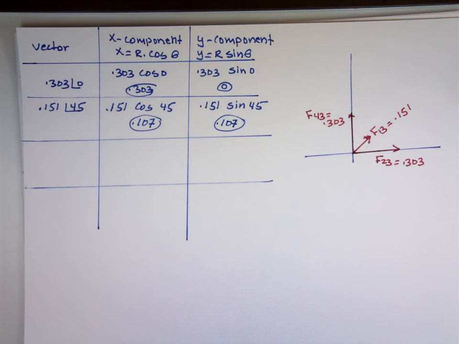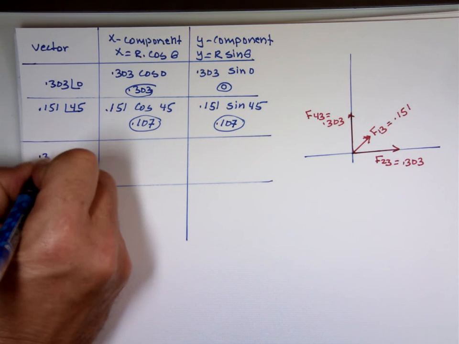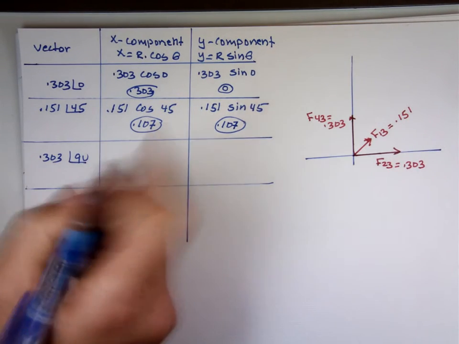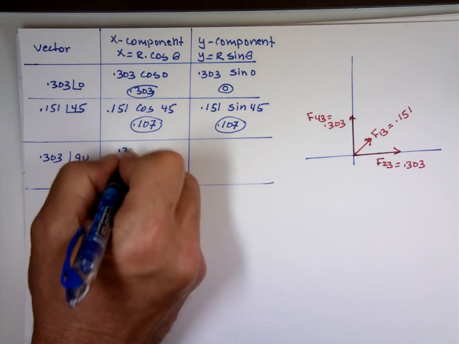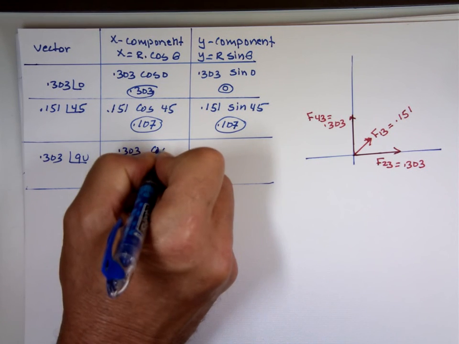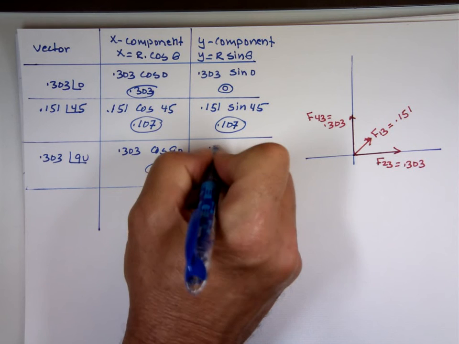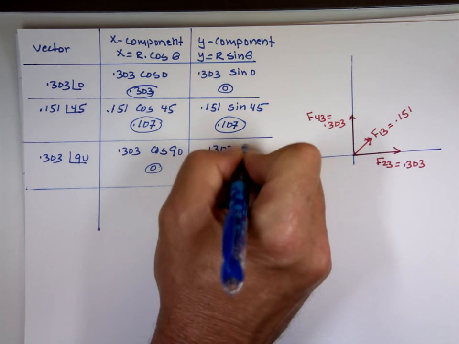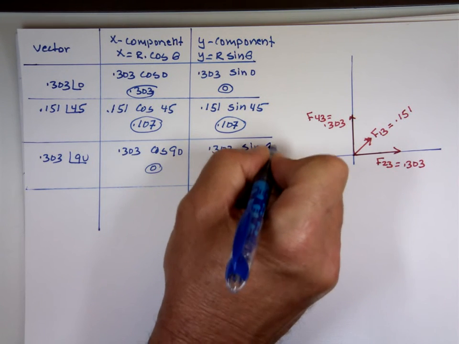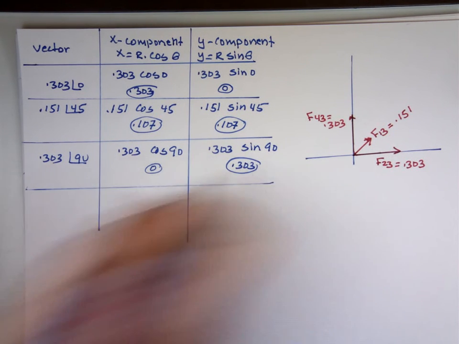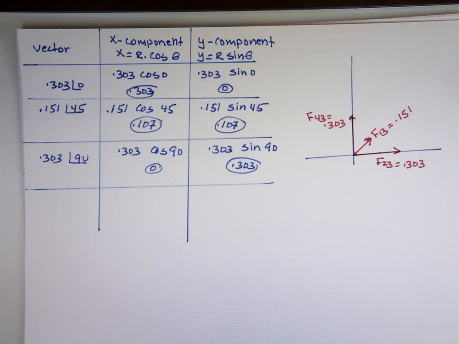And the last one, which is 0.303, angle 90 degrees, the one going upward. That's 0.303 cosine 90, and that's 0. 0.303 sine of 90, and that's 0.303. So we found the x and y component for each one of these vectors.